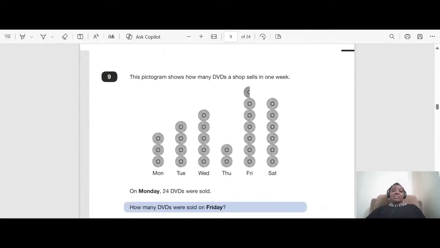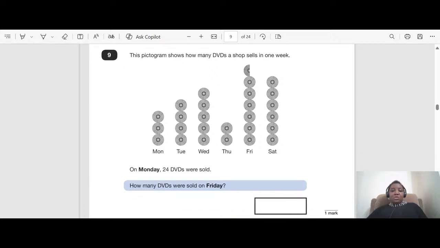Question number 9. This pictogram shows how many DVDs a shop sells in 1 week. On Monday, 24 DVDs were sold. How many DVDs were sold on Friday? Now, according to this pictogram, on Monday we have 3 circles representing 24 DVDs. So that means each symbol on this pictogram is representing 8 DVDs.